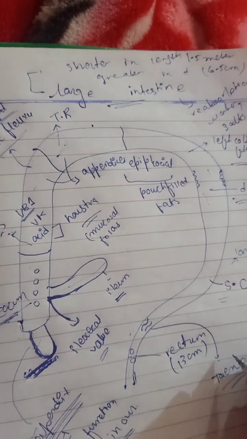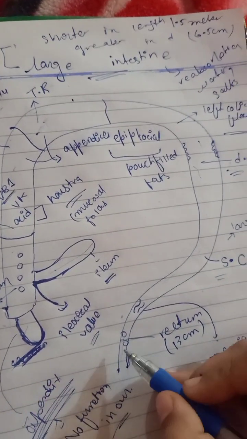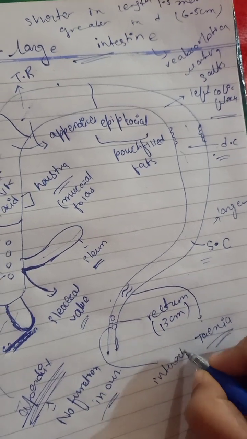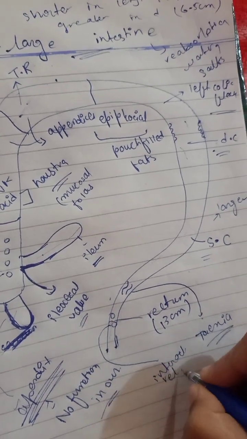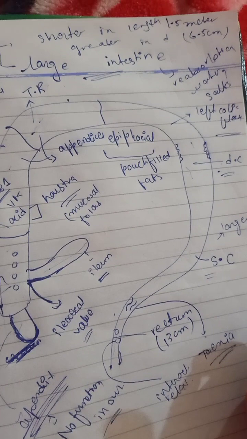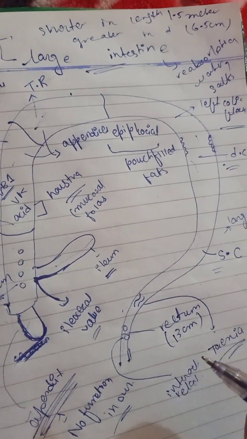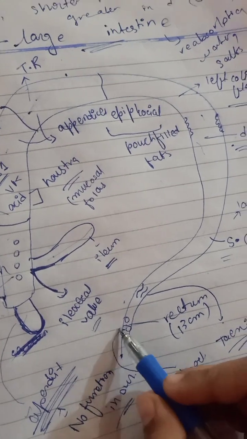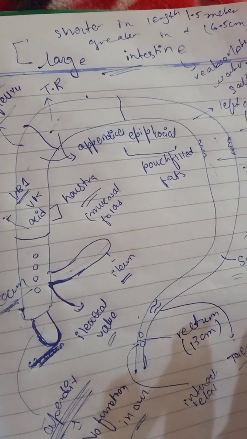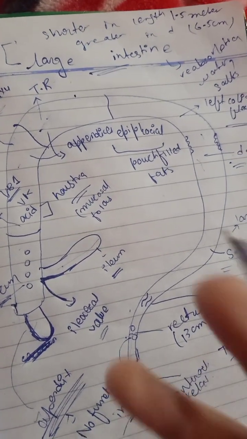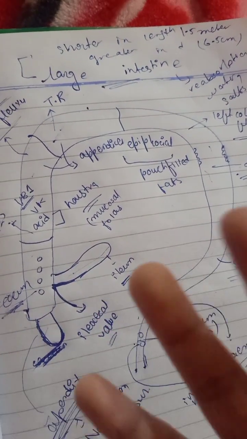Here you can see the internal sphincter, which is relaxed and not in our control. The outer one contracts and the inner one relaxes, so the feces get out. This is the defecation reflex through which the feces get out.